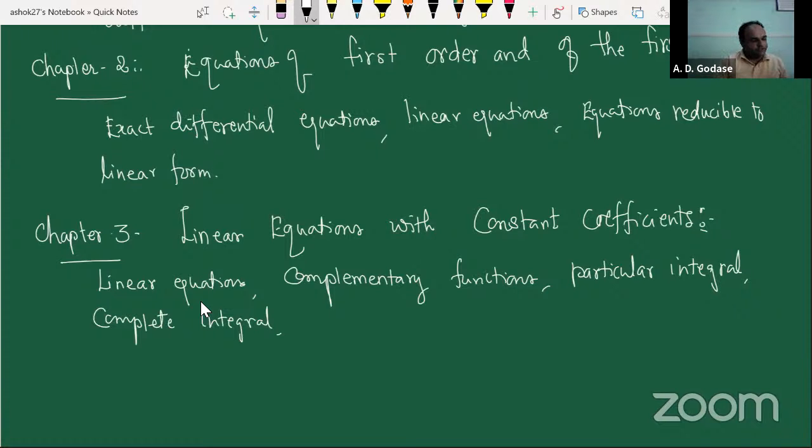After that you'll see the linear equations with constant coefficients.